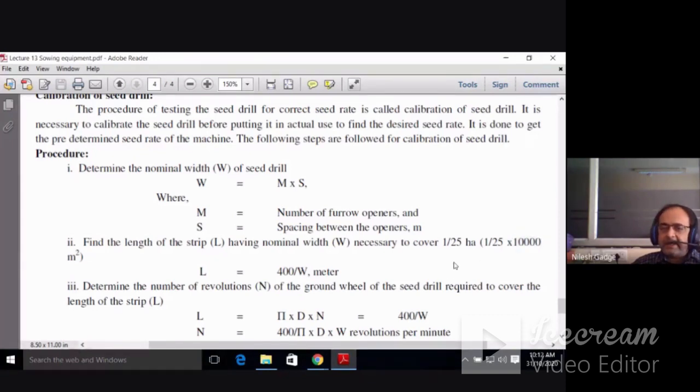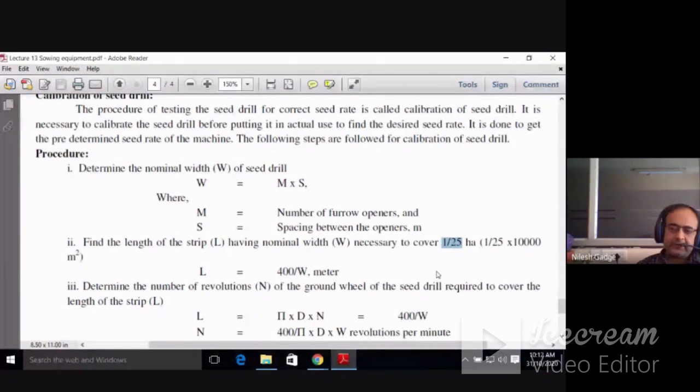We have to take not 1 hectare of area, we have to take 1 upon 25th of 1 hectare. So when 10,000 is divided by 25, it will be 400 square meters. The area will be 400 square meters.